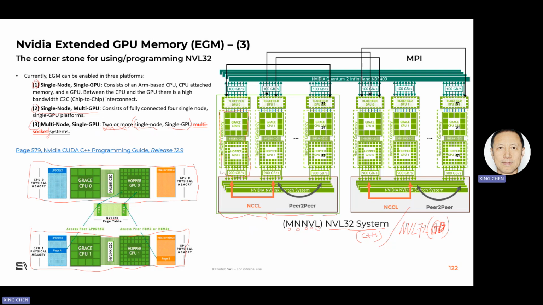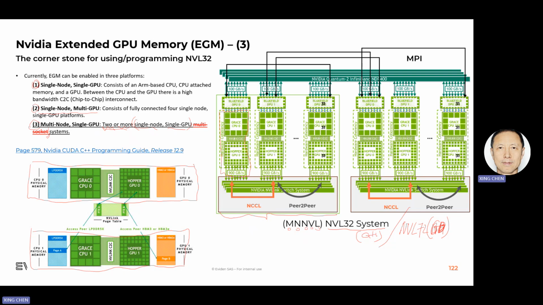In the previous part, we have discussed that for the Type 2 systems, for a node with 4 superchips, the 4 superchips are going to share a global page table, but actually the global page table is a logical one.